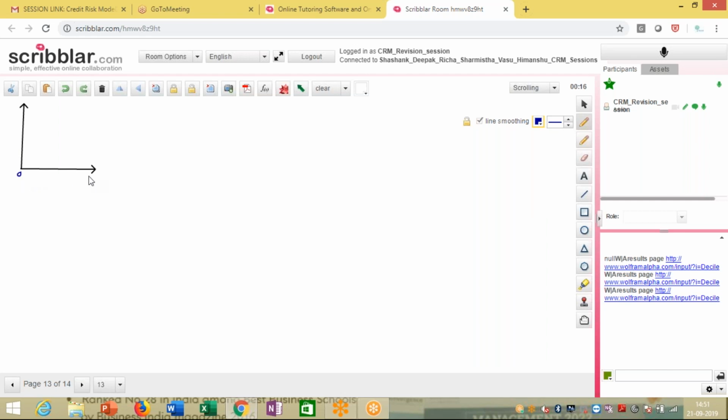This is 0, this is time, and this is the GDP growth rate, as a percentage.